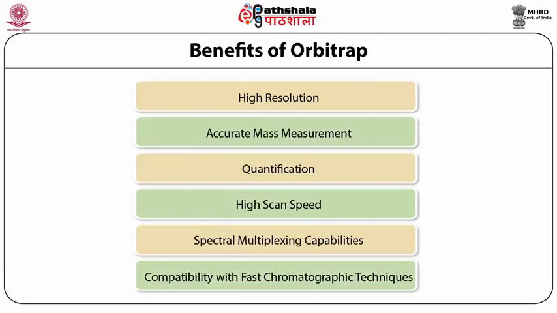Actually, HPLC and even the latest technology UPLC can be coupled to an Orbitrap mass spectrometer, and you can also have hybrid mass spectrometers with Orbitrap, such as quadrupole and Orbitrap. You can combine them to get new technologies also.